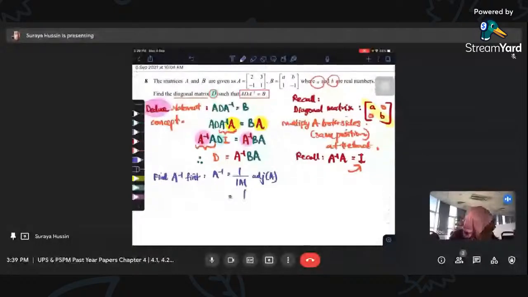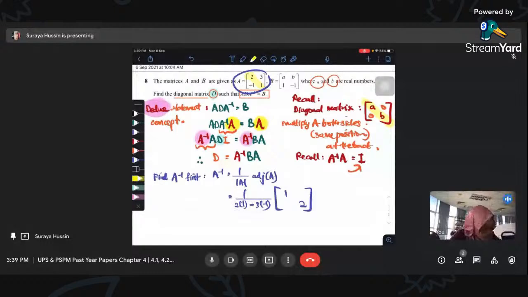So determinant A untuk 2 by 2 is very easy. Okay, look here. So what you have to do, determinant adalah 2 times 1 minus 3 times negative 1. That is your determinant of A. While the adjoint matrix here, it should be 1 and 2. 1 and 2 ni dia diterbalikkan, dia swap.